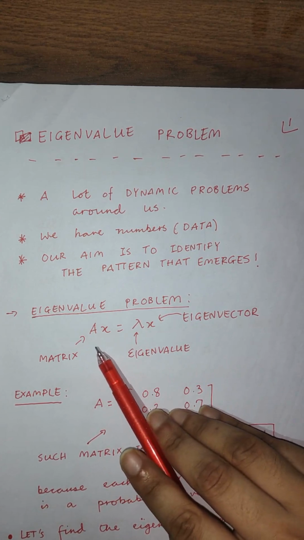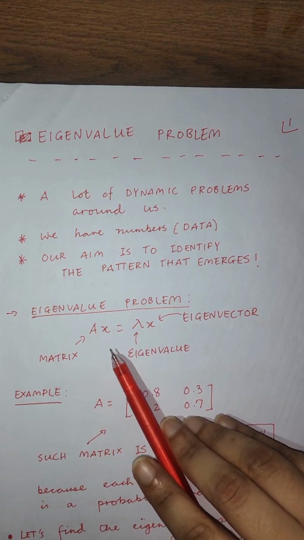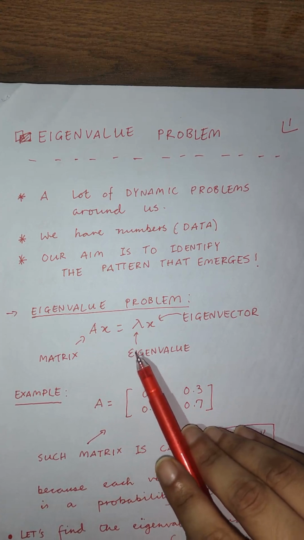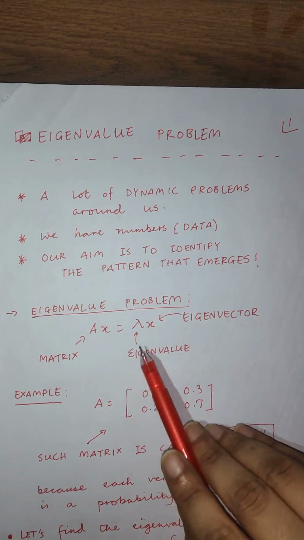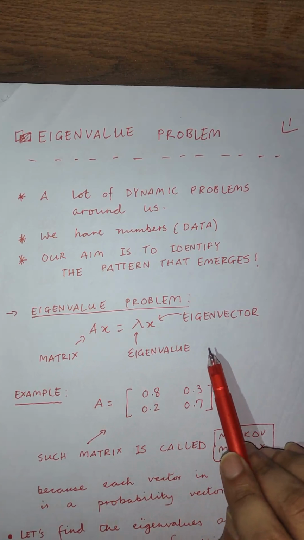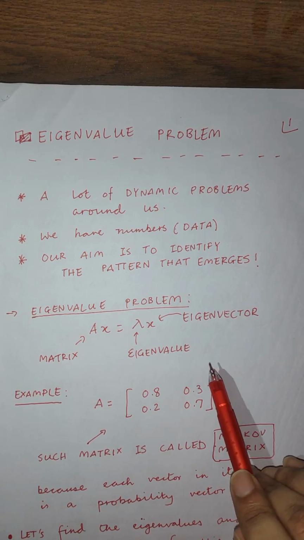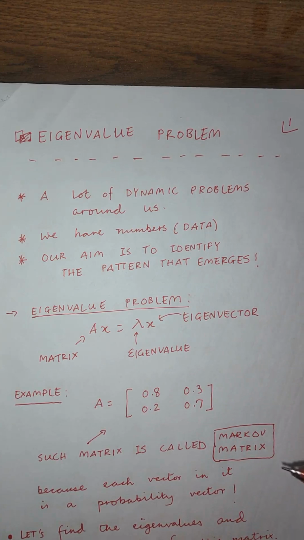Here we can see A times x equals lambda times x. A is an arbitrary matrix, lambda is the eigenvalue, and x the eigenvector. Maybe it would make a lot more sense once we get into the example down below.